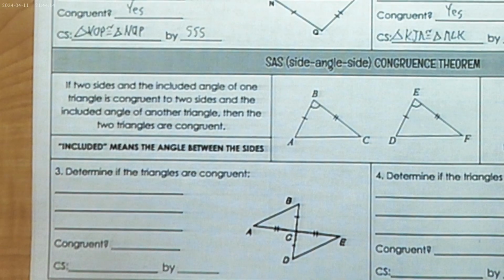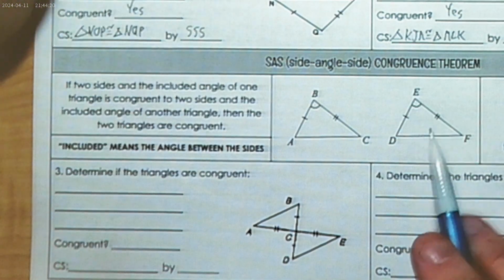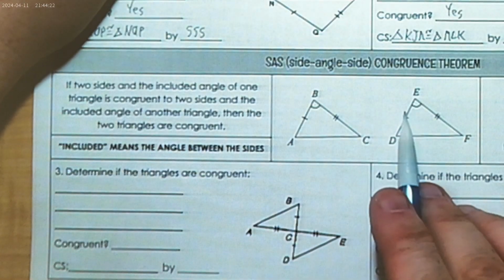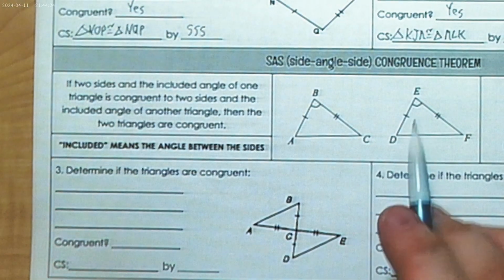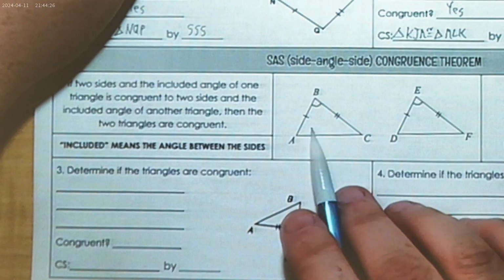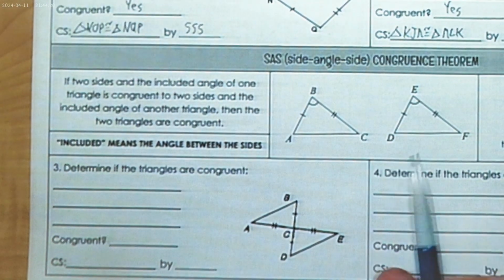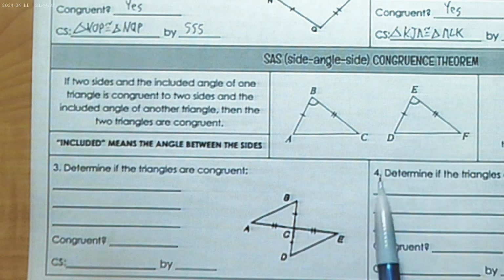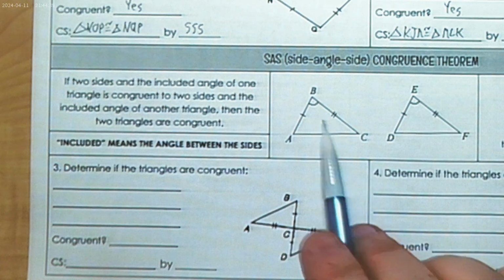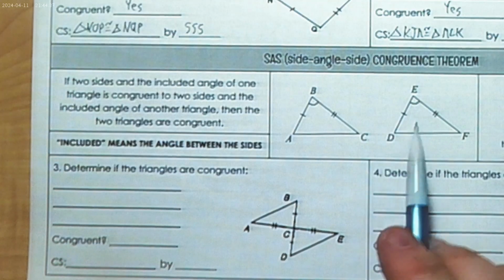The difference between this one and the similarity is that when we were dealing with similar triangles, the angles were equal because angles in similar triangles have to be equal, but the sides just had to be proportional. And so the sides didn't have to be equal, but they had to scale up according to the same scale factor in order for the triangles to be similar.